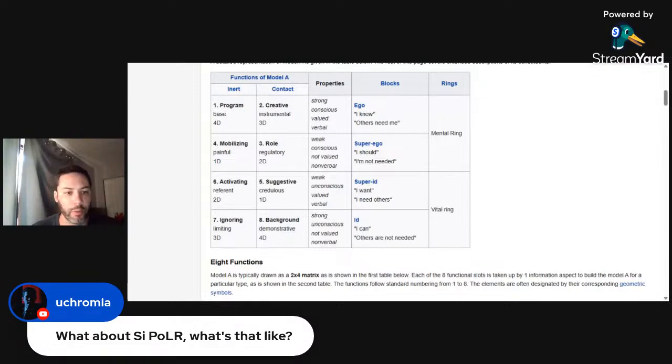What about SI polar? What's that like? Assuming for me, SI polar, I've seen this brought up a couple different ways. The one that makes the most sense to me that I've noticed is this difference between the abstract intuition stuff versus the day-to-day sensing stuff, especially with SI polar.